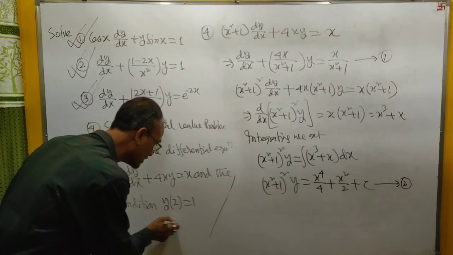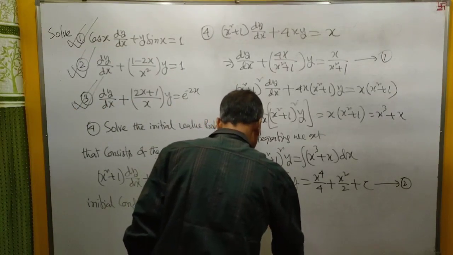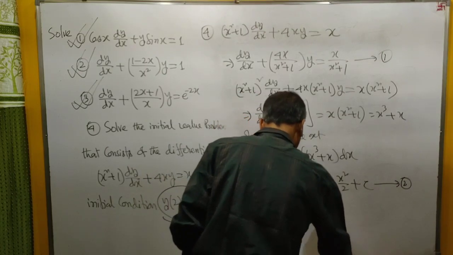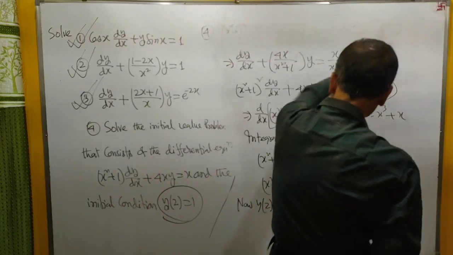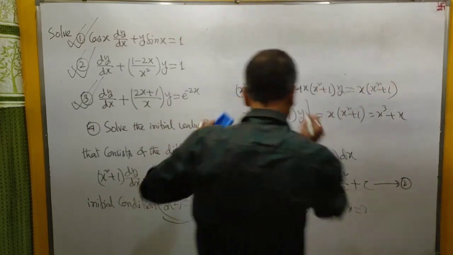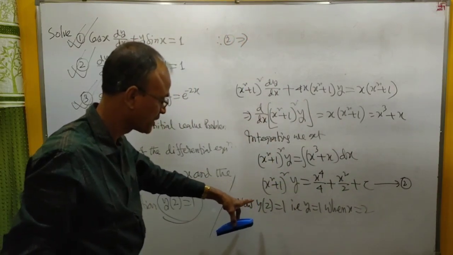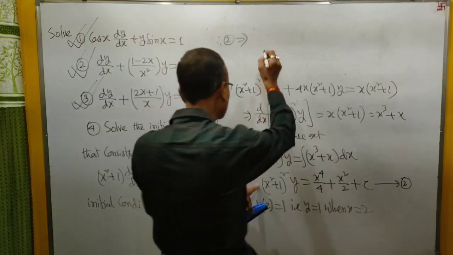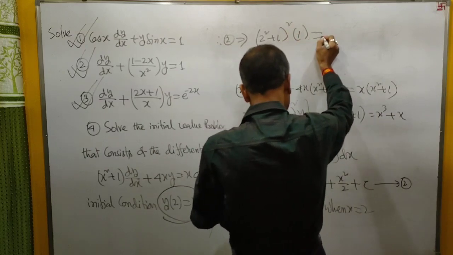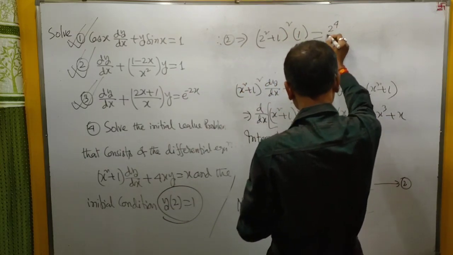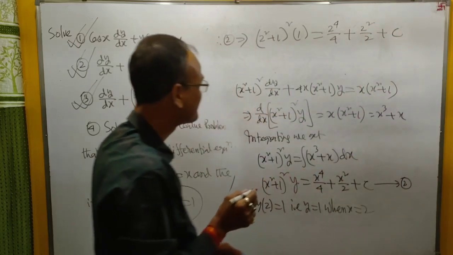Now, given the initial condition y(2) equal to 1, that is y equal to 1 when x is equal to 2. Now put this in equation number 2. Put x equal to 2: 2 square plus 1 whole square into 1 equal to 2 to the power 4 divided by 4 plus 2 square divided by 2 plus c.